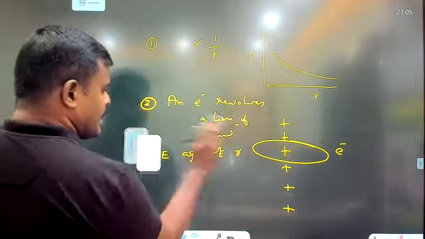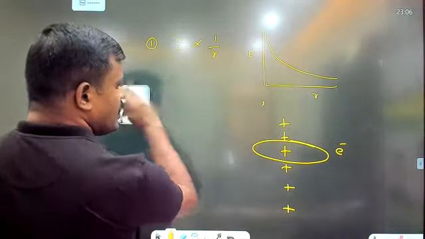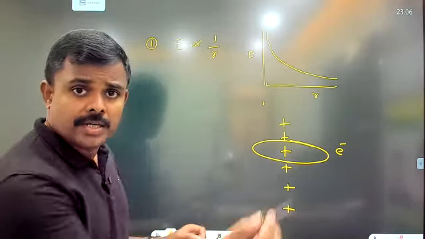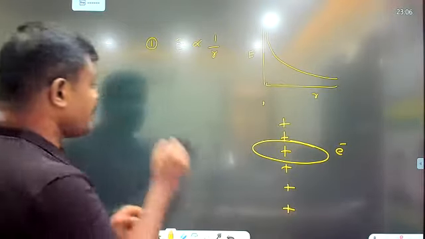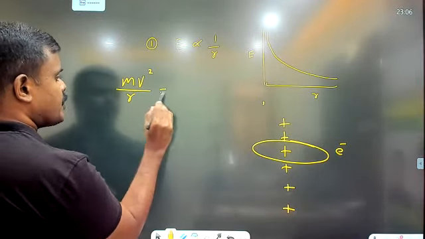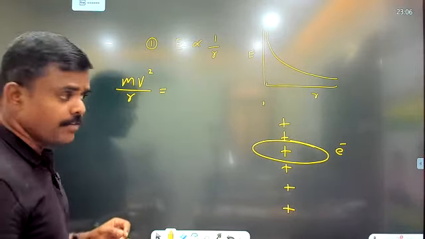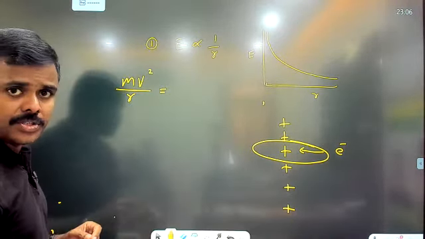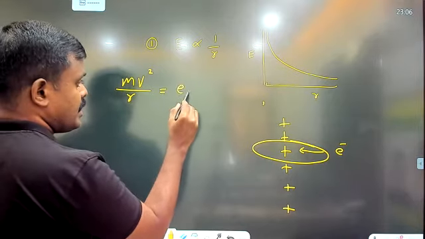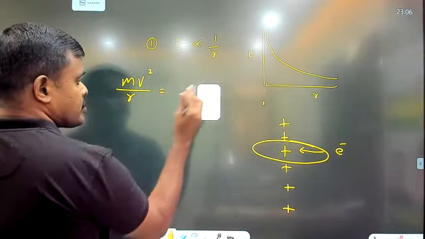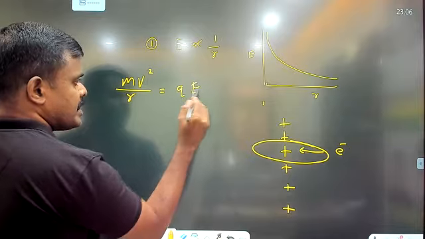Now see this. Here the circular motion is there. It is revolving, right? Whenever circular motion is written, centripetal force has to be written. What is centripetal force? Centripetal force is actually electrostatic force, Q times E. Who gives the centripetal force here?